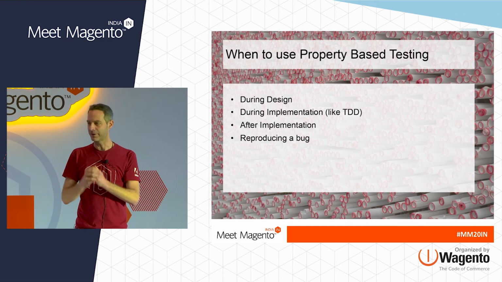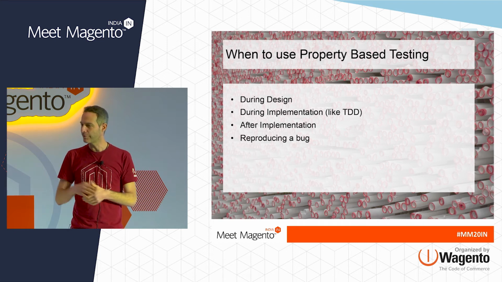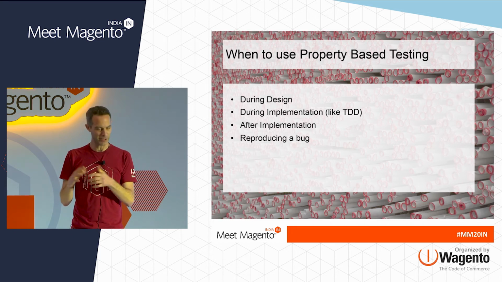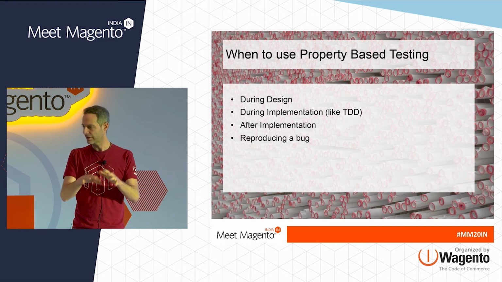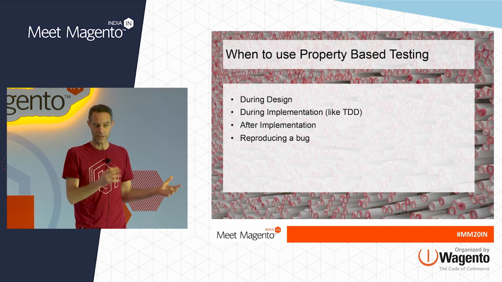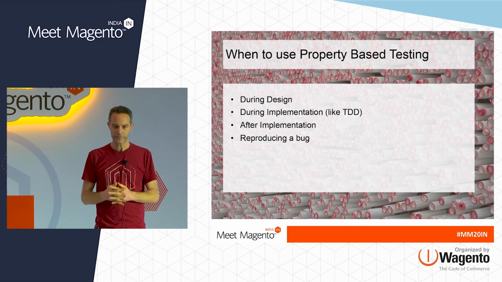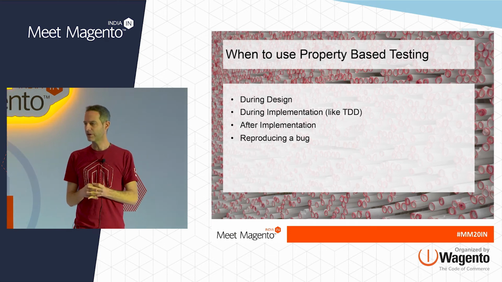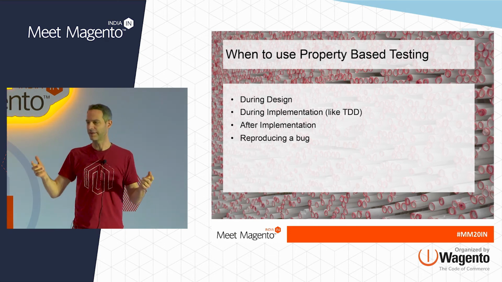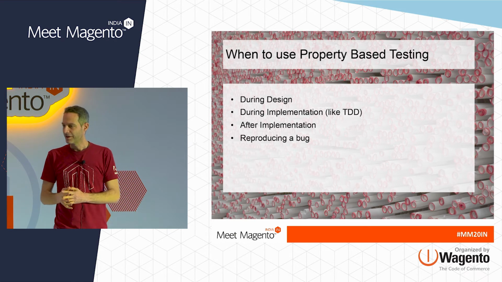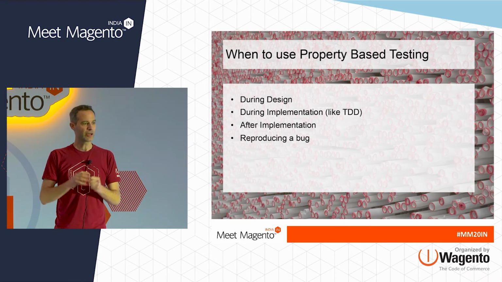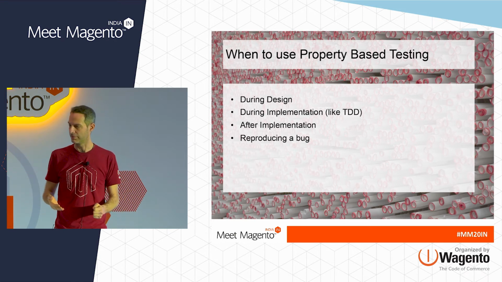So I met a guy at a conference who wrote property-based tests for a React JavaScript front-end. The tests were actually written in Clojure, so black box testing, right? And at one point in time, scrolling stopped working in their app, and they couldn't reproduce it. But with property-based testing, he wrote a property that said, okay, I can scroll.